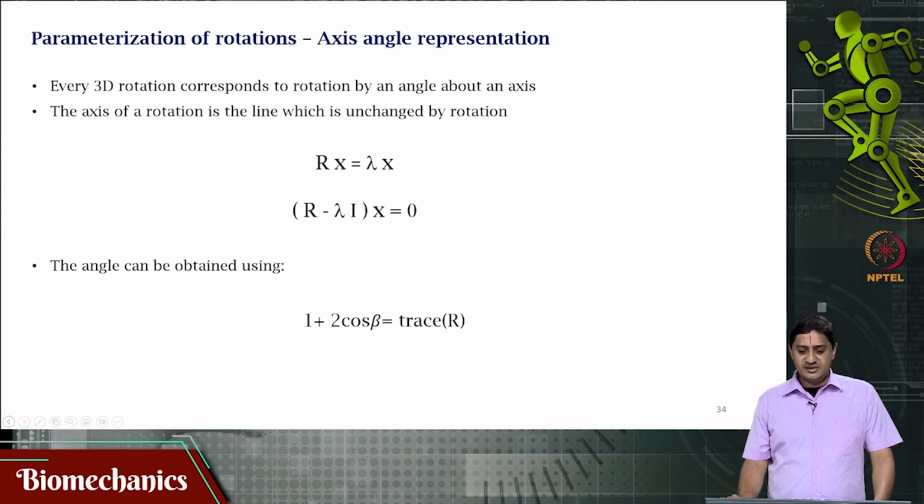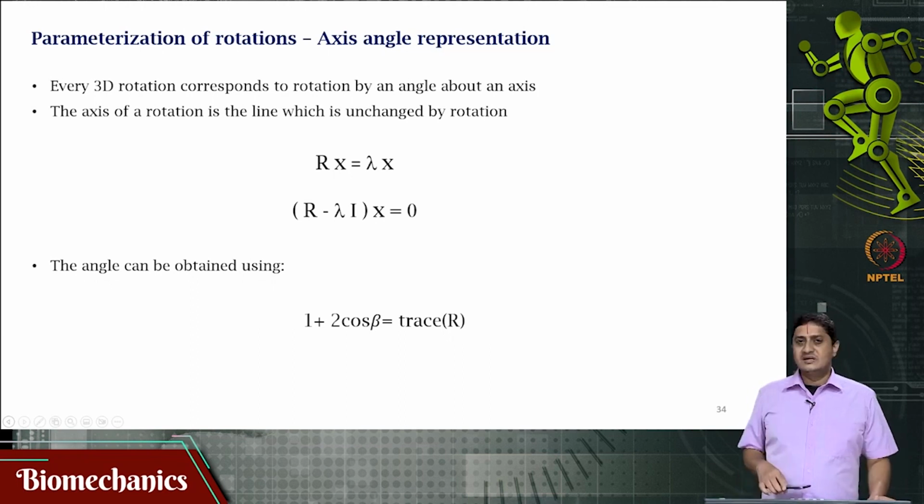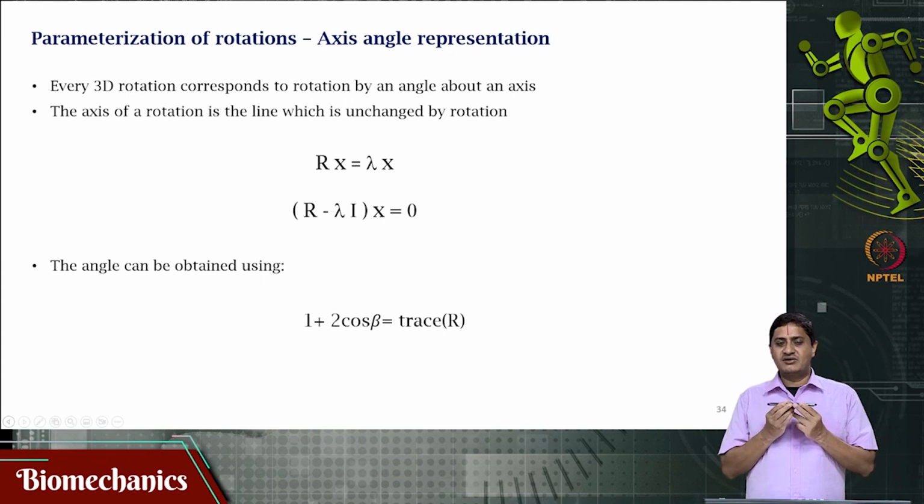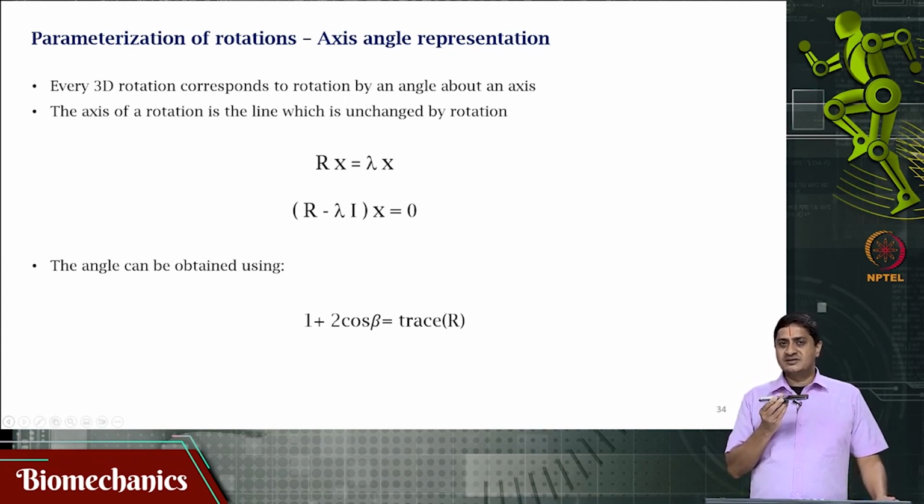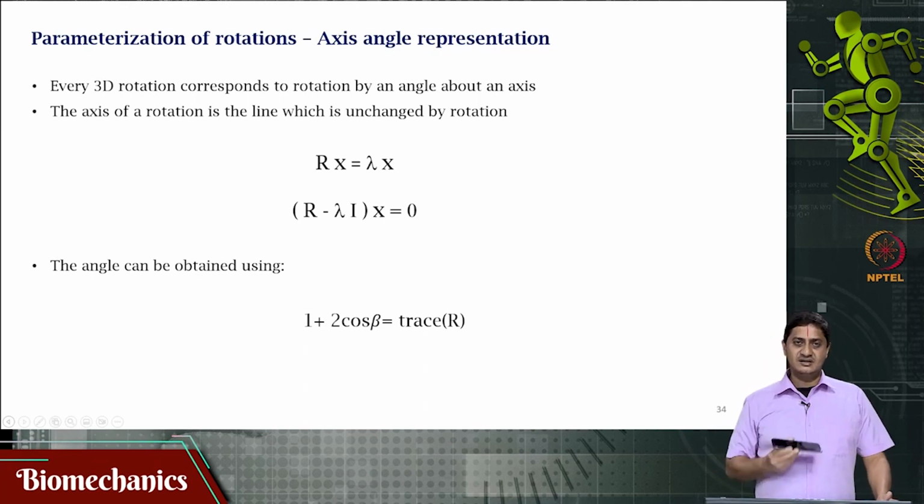So, every rotation in 3D essentially implies rotation by an angle about an axis. Yesterday I gave the example where this body, let us assume that there are three principal axes under discussion, for example that axis and that axis.